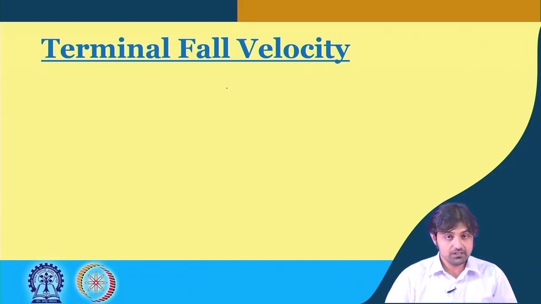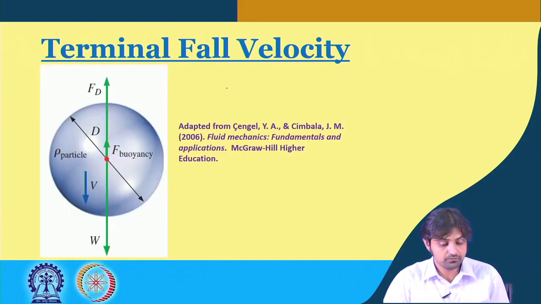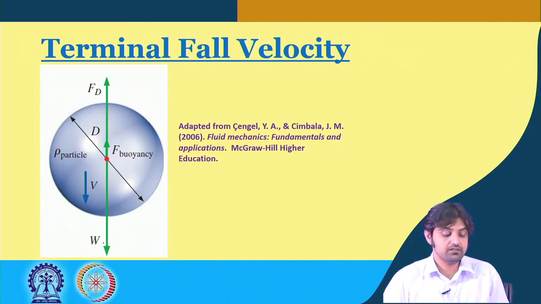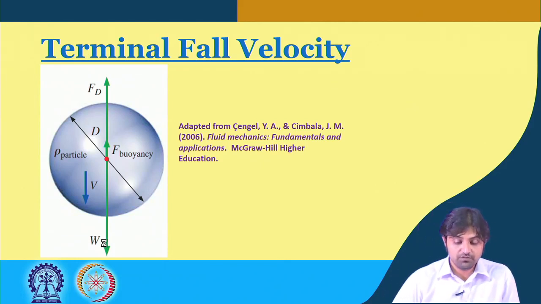After this we are going to calculate the terminal fall velocity. When a sphere falls through a liquid, there is the weight acting and there is a drag force acting against its direction of motion. We are going to see how we arrive at the terminal fall velocity.